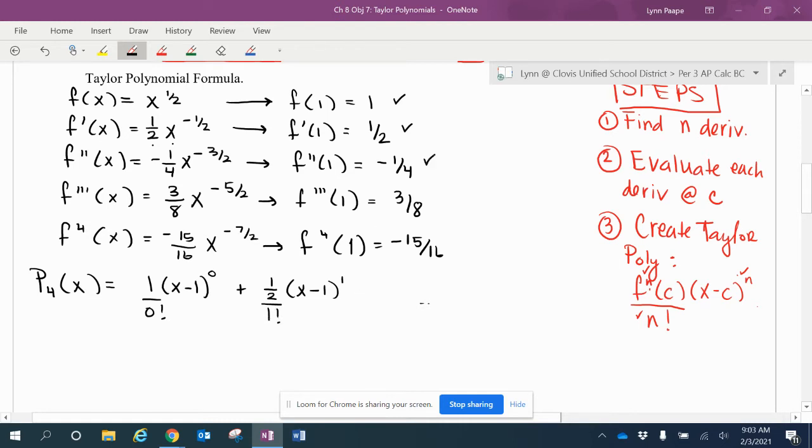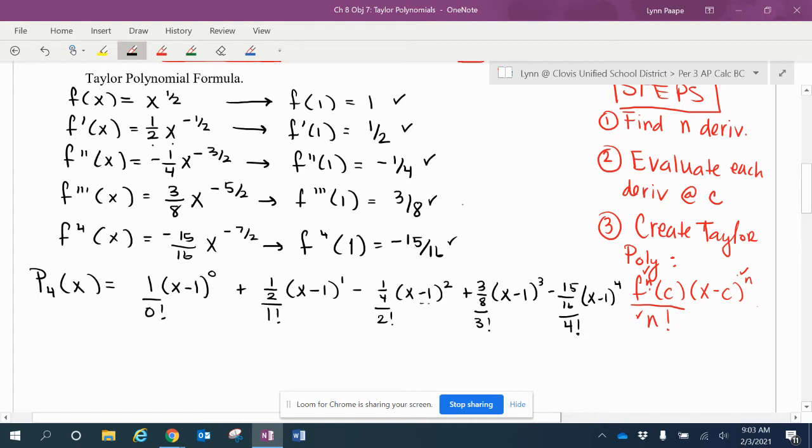Then my second derivative, so that would be -1/4, and then a power of 2 divided by 2 factorial. Then my third derivative, so that would be plus 3/8, and then third power over 3 factorial. And then finally my last one here, -15/16, and then x minus 1 to the fourth power over 4 factorial.